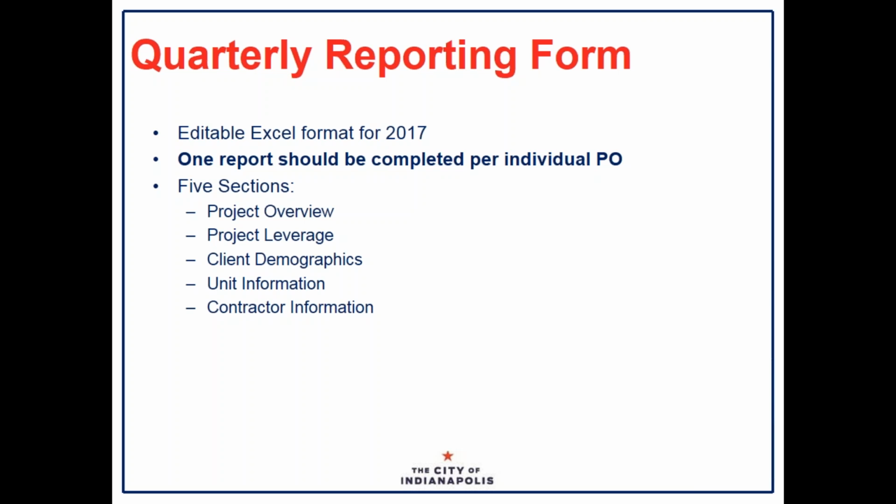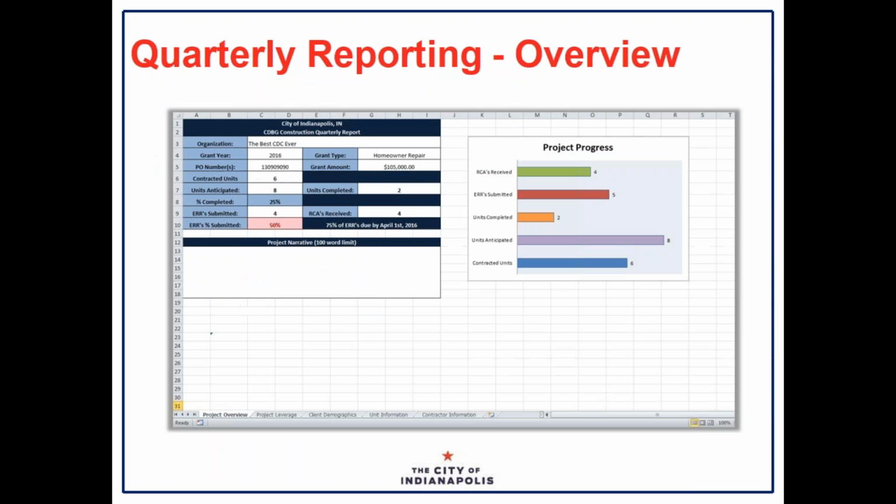There are 5 sections to the quarterly reporting form: project overview, project leverage, client demographics, unit information, and contractor information. Most of y'all have probably already seen this form before, but some cells are auto-populated. When you fill out one part of the form, certain cells will automatically create the graph part of it, so don't get scared by the bar graph.